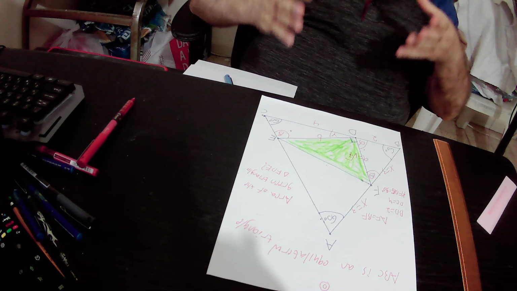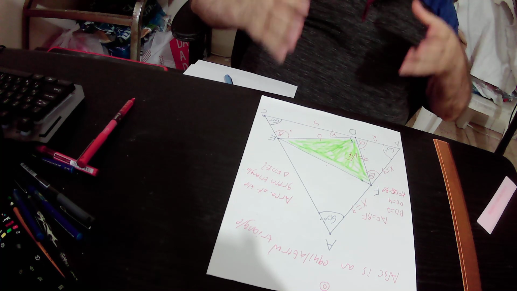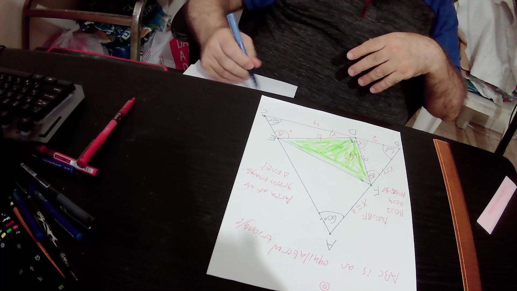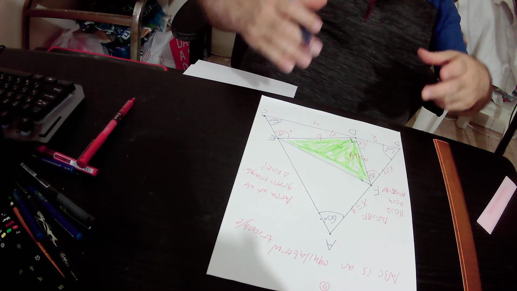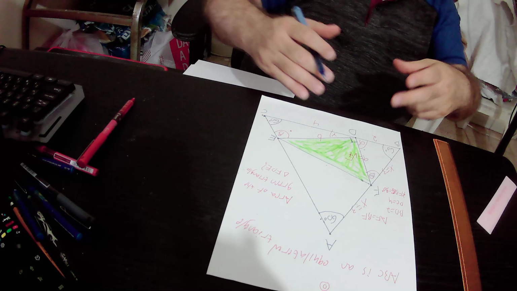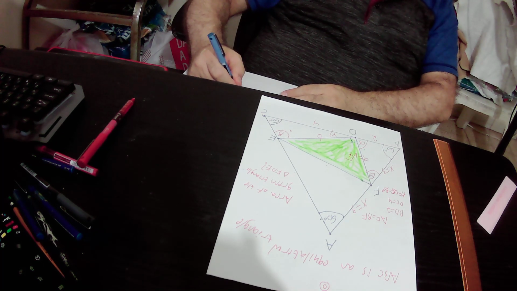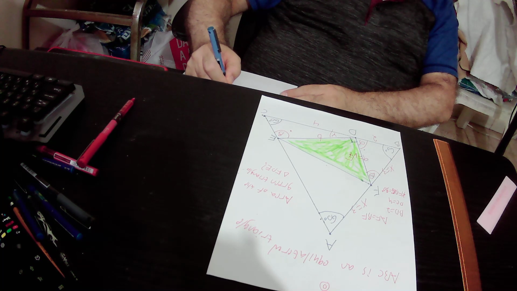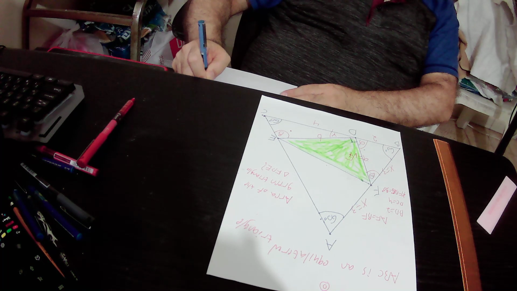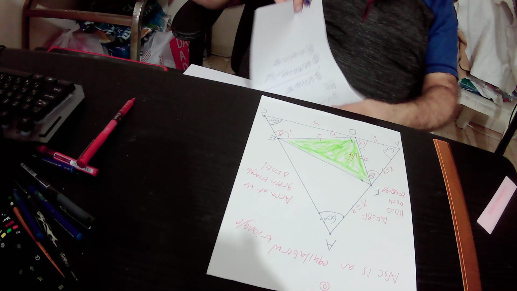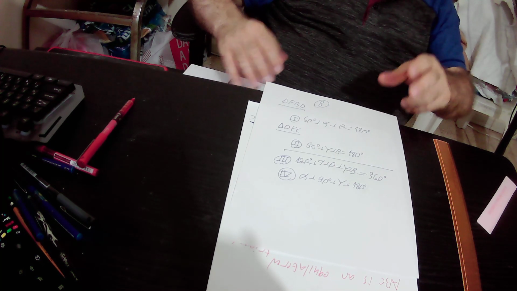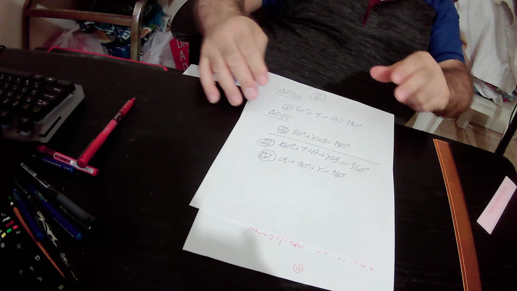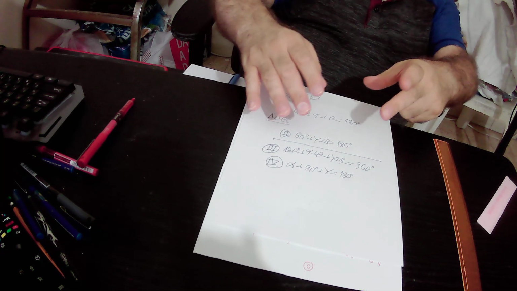So the sum of these angles equals 180 degrees. That is to say, alpha plus 90 degrees plus gamma equals 180 degrees.